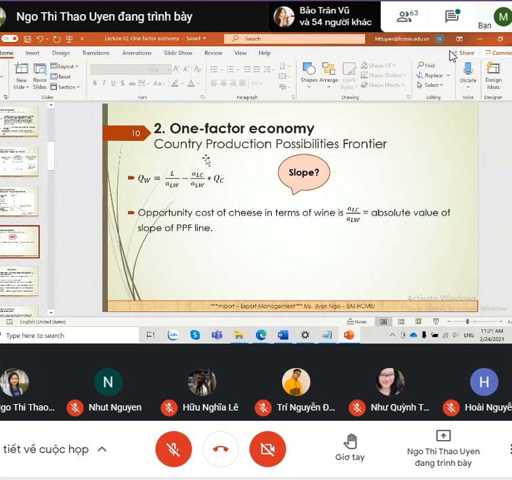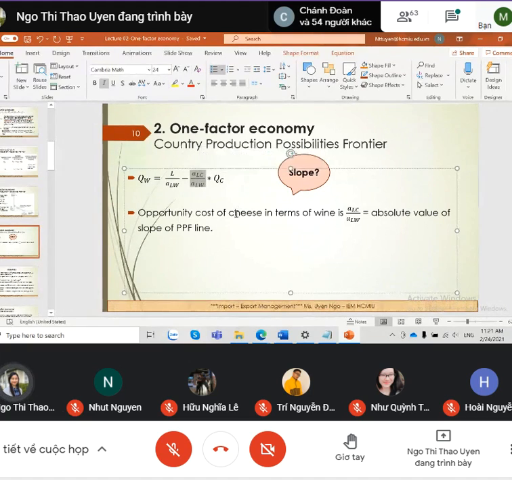And by looking at the slope, you see that the absolute value of the slope is this term. And it is the opportunity cost of cheese in terms of wine.